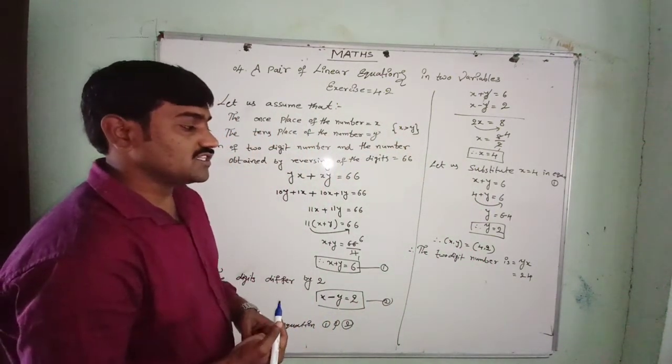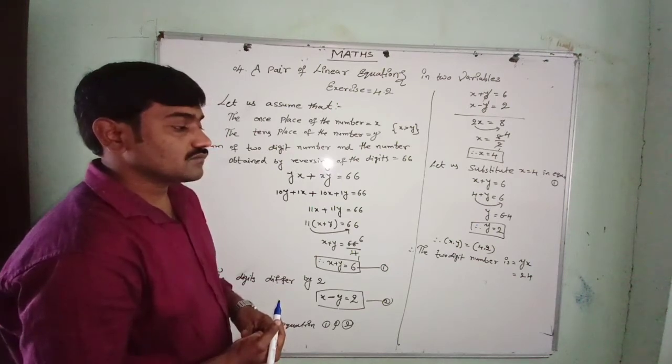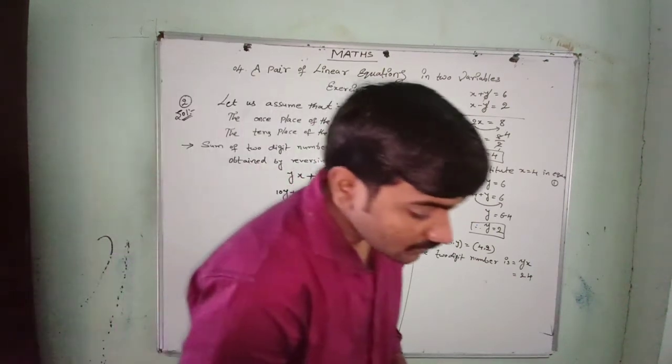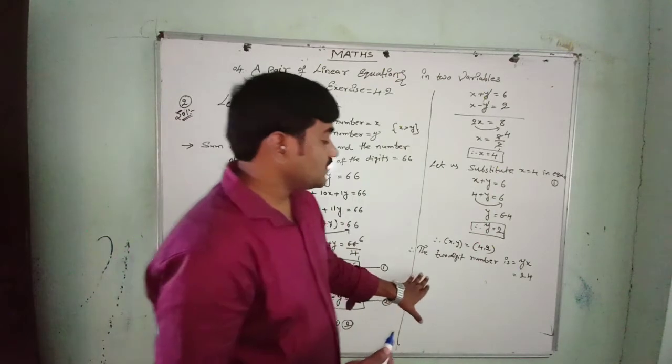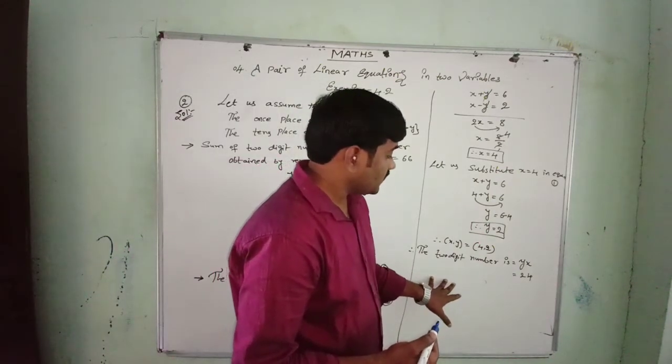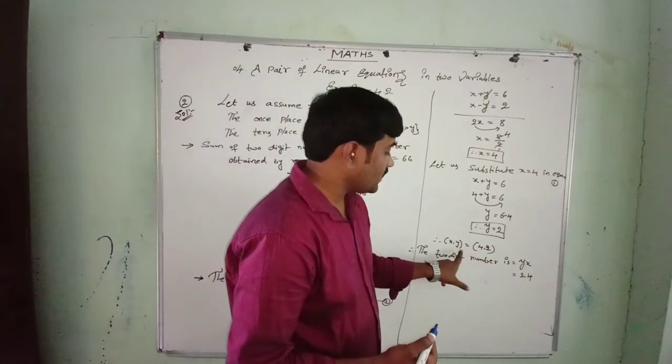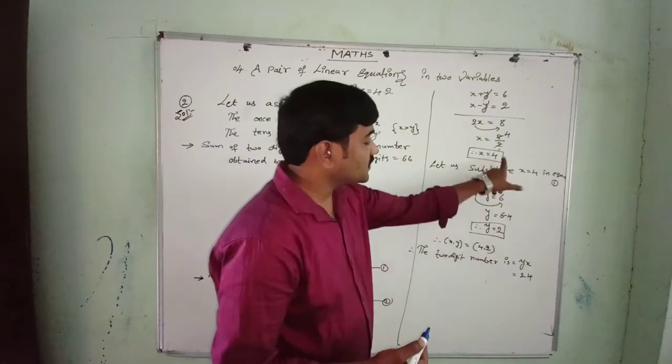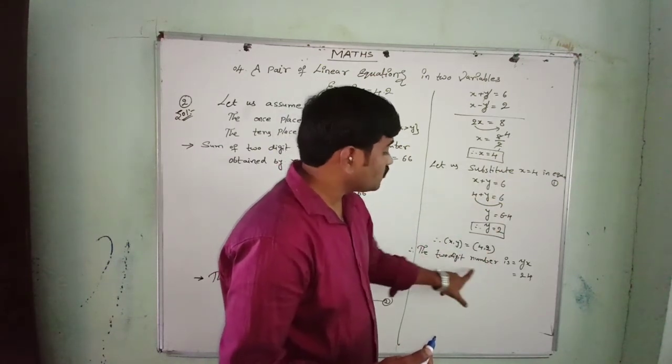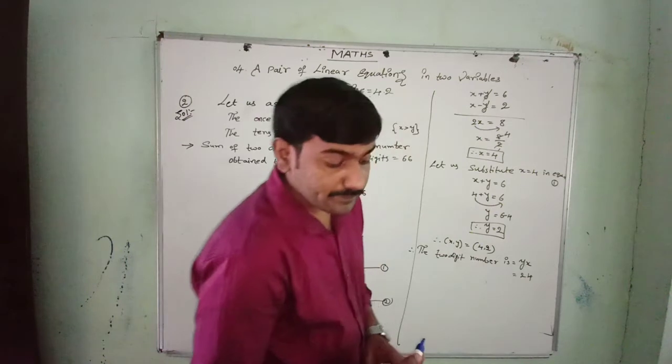So the 2-digit number is, finding the digits, x is 4 and y is 2. Then the 2-digit number will be 24.